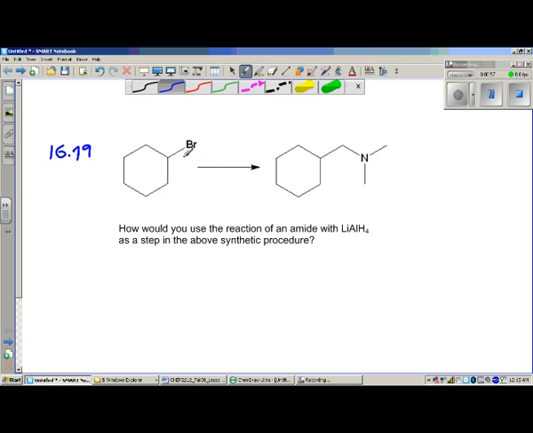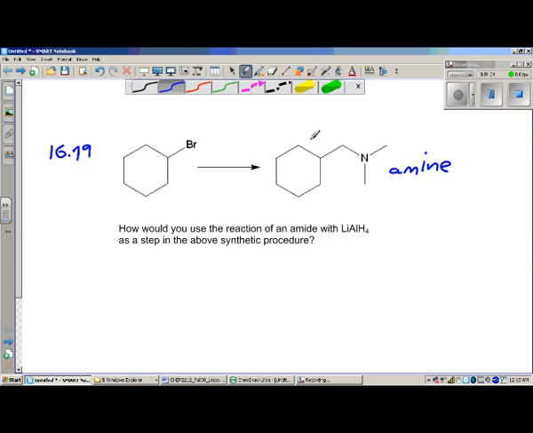All right, so we have an alkyl bromide. And what's the functional group that we're making from this? Well, it's an amine. Now, one of the things that you can hopefully see is not only are we making an amine, but what in particular are we forming that's going to tell us at what point we have to do a particular reaction.